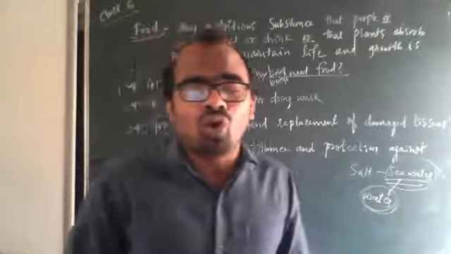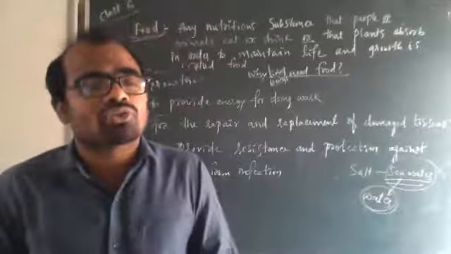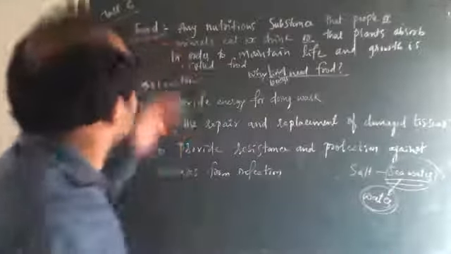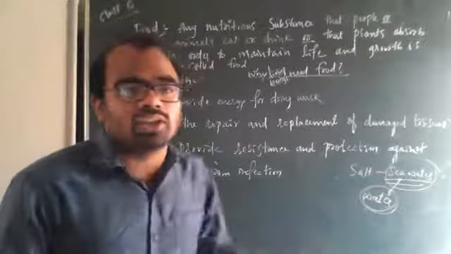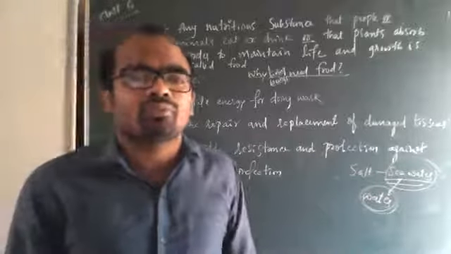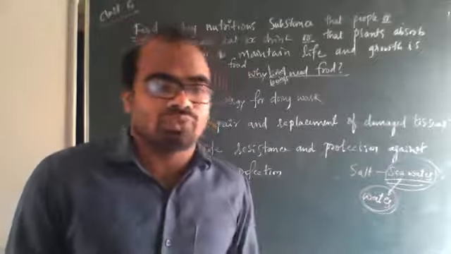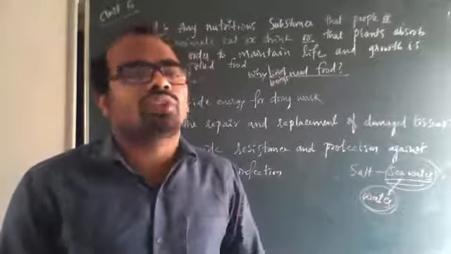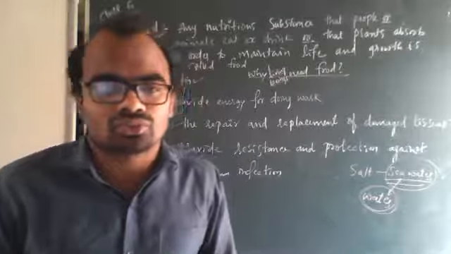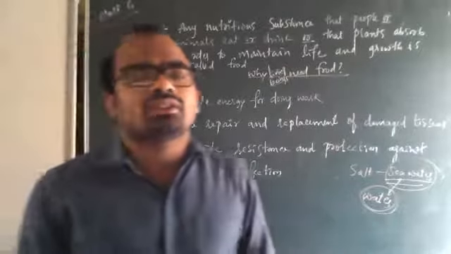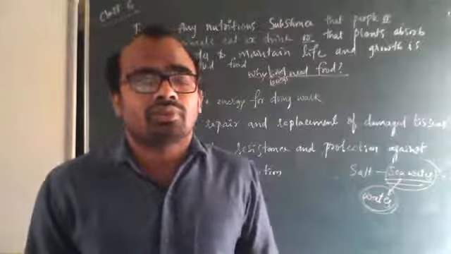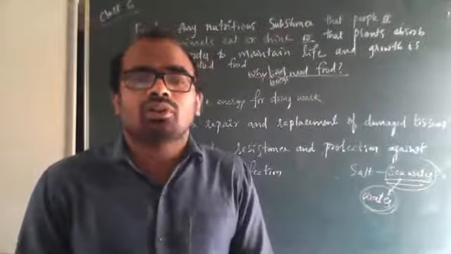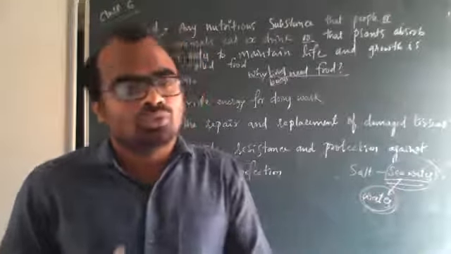So I hope you all understood this concept of food, why we need food, ingredients of food, sources of food: plant source, animal source, and third other source. So we can consider all these things.